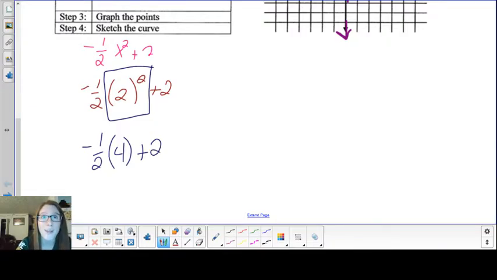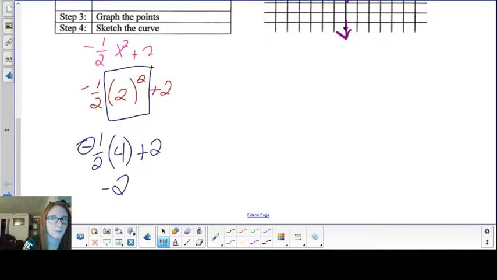Well, I know that multiplying by a half is the same thing as dividing by 2 because fractions are just division problems. And if it's got a negative sign with it, I'm just going to divide by the negative version. So instead of taking 4 times negative a half, I'm going to take 4 divided by negative 2. Easy. So 4 divided by negative 2 gives me negative 2.